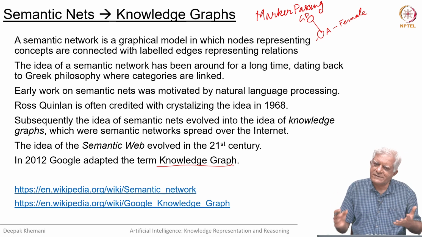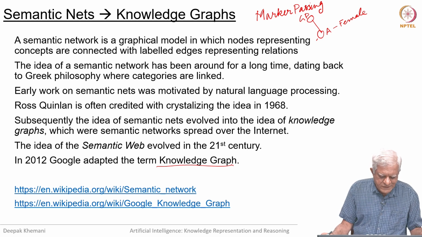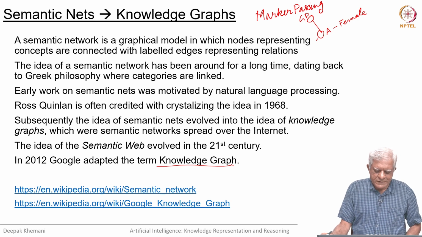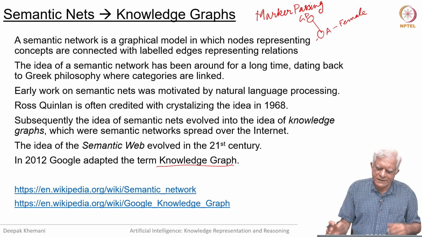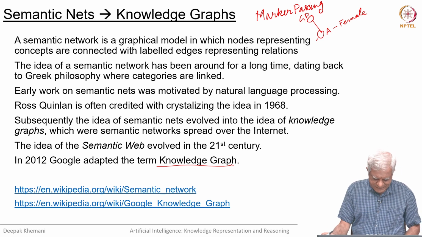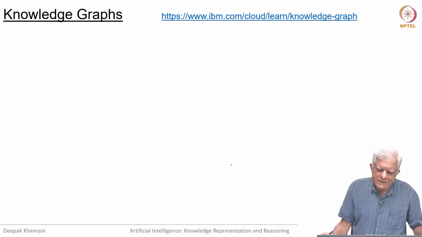So, remember that Google crawls the net and represents a lot of data which it uses for answering queries for you. So, here knowledge graph is a proper noun or noun phrase, but we also use the term knowledge graph as a more generic thing, which says that it is a kind of a semantic net spread over the internet.